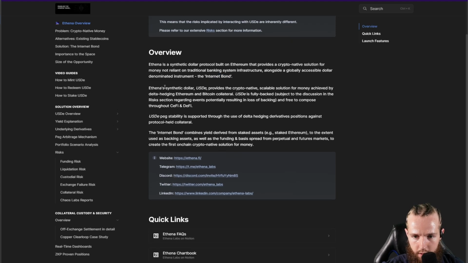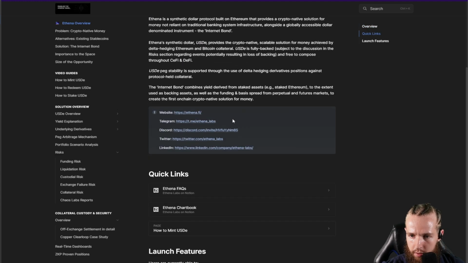The Ethena stablecoin is known as USDe. They have partnerships within DeFi as well as with centralized exchanges, and they use Ethereum as well as regular stablecoin backing to back USDe.